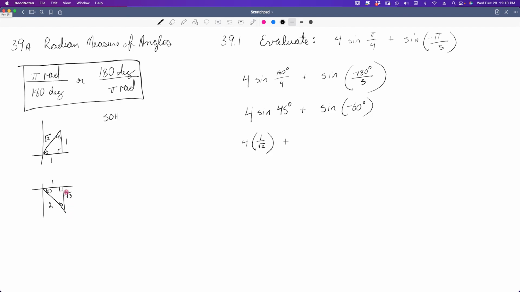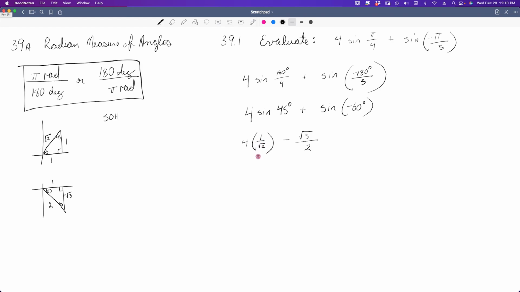That's why it's so important to figure out where these angles live before you start calculating everything. So the sine of negative 60 degrees, sine is opposite over hypotenuse, so negative square root of 3 over 2. So this is going to be minus square root of 3 over 2.